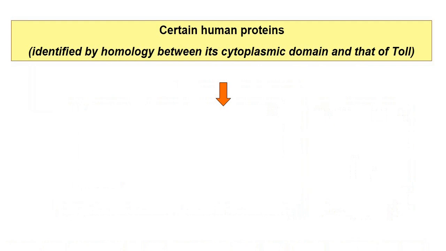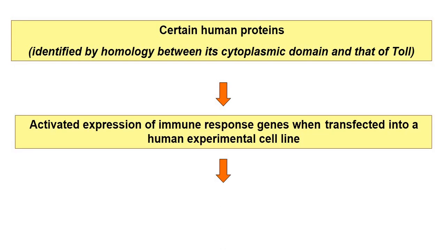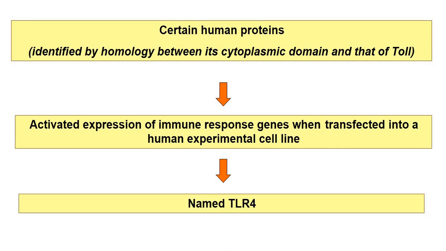What they did, they activated the expression of the immune response gene in the transfected human cell line. After the transfected human cell line experiments, they named this Toll, that is TLR4. So, that was the first TLR they experimented with, that is TLR4. Things were not that clear at that point of time too.